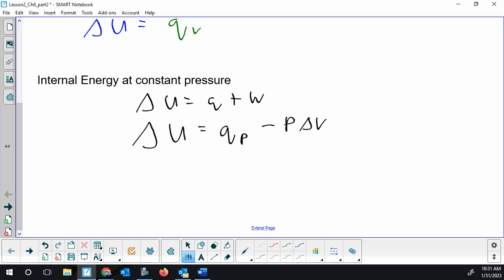But I am going to rearrange this and solve for Q at constant pressure. Okay? So this is a rearrangement now. Again, not a simplification. So when I get Q at constant pressure by itself, I'd be moving this to the other side. So the minus becomes a positive.